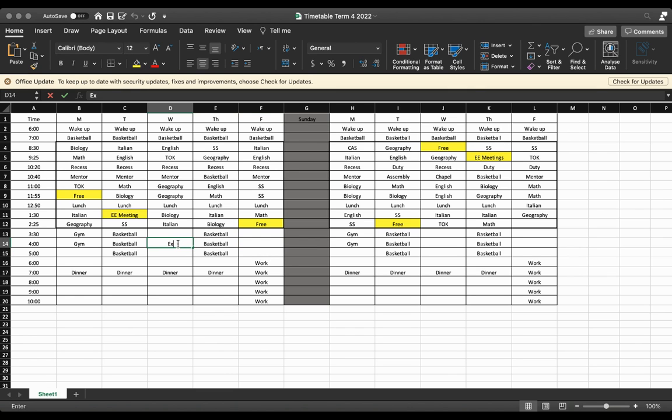So, extra reading. And I do the IB, so I actually have some IAs and extended essays that I need to do a little bit of extra reading for as well.